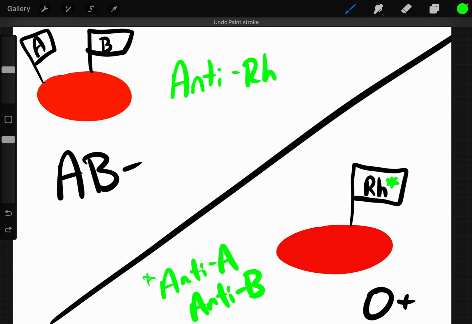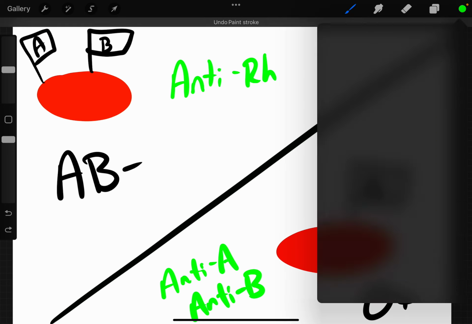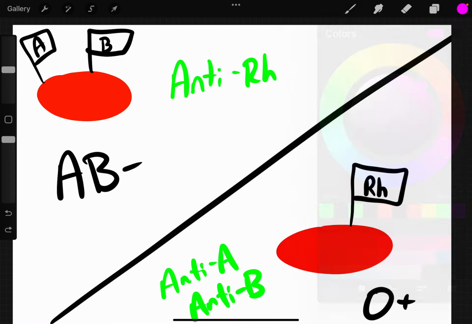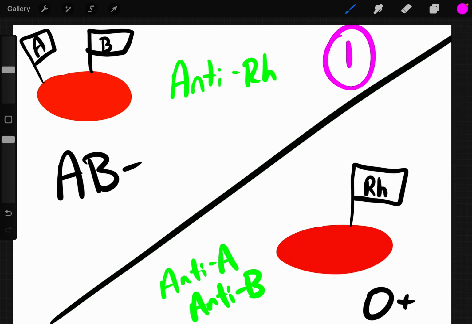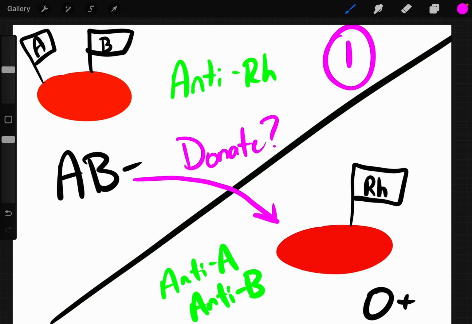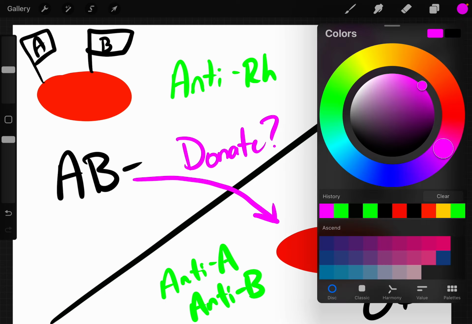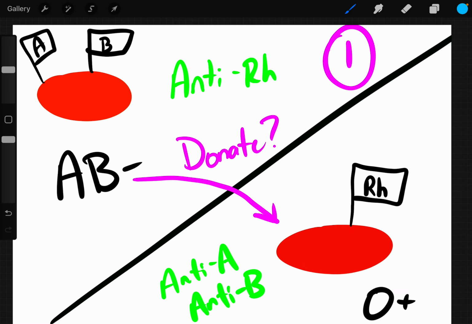Now, what does all that mean? We're going to discuss donating to and receiving from. First example, number one: can we donate AB negative blood to O positive? What we have to do is say, what flags are on the surface over here, and what antibodies are here?